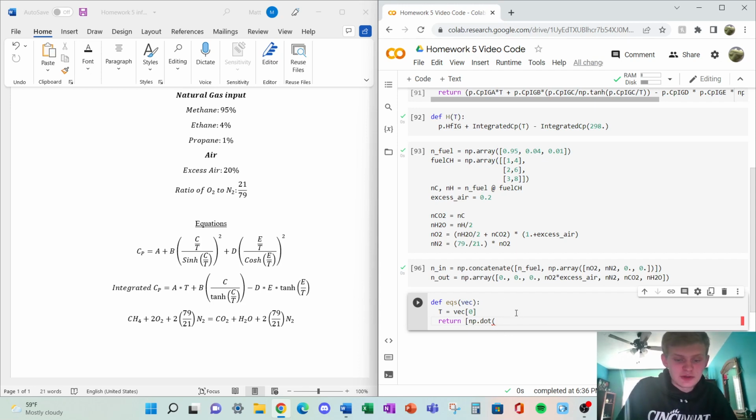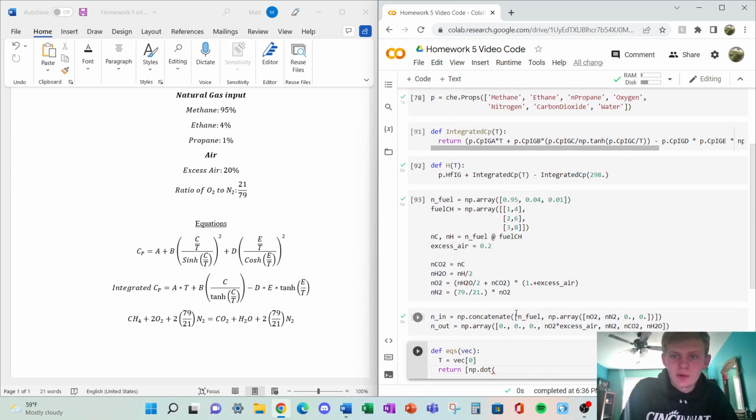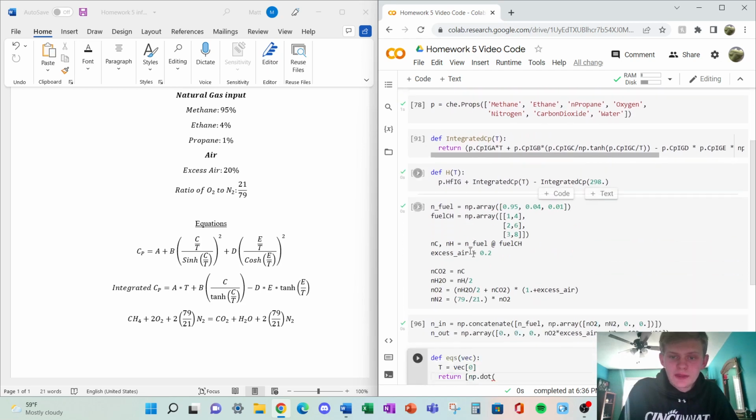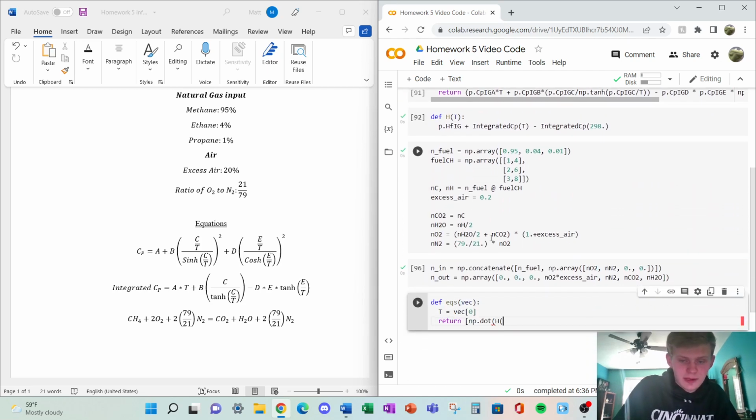So we just need to set two arrays in here. What we need now is our enthalpy function, h of T, and then next we need our moles going out.